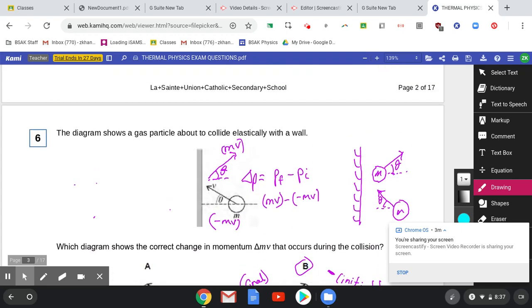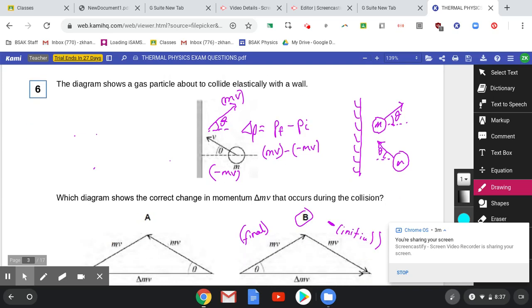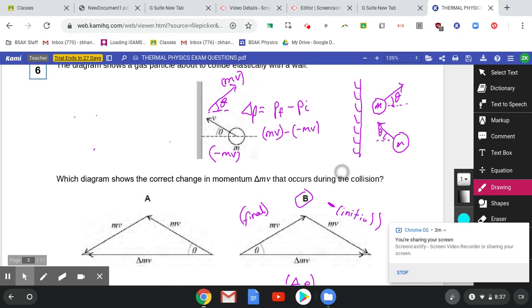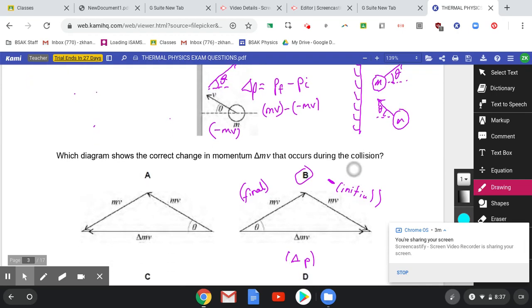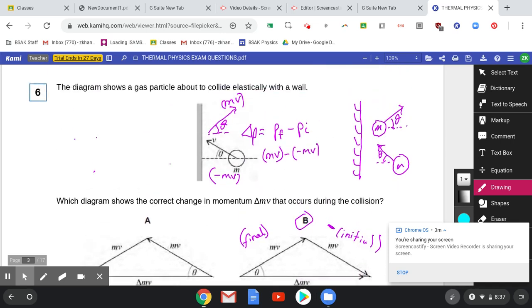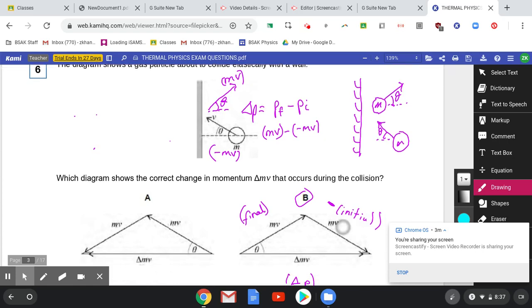So the change in momentum is in the right hand direction, not in the vertical direction. Right, so what we've got is the final momentum minus the initial momentum gives you an overall momentum towards the right. And when we look at that, mv minus minus mv gives us 2mv.